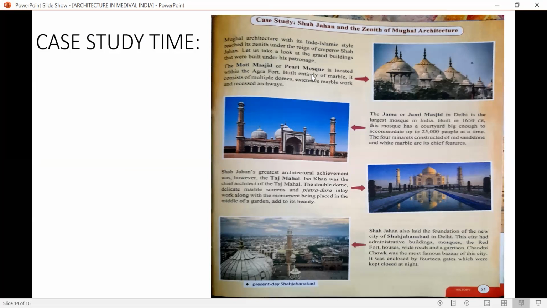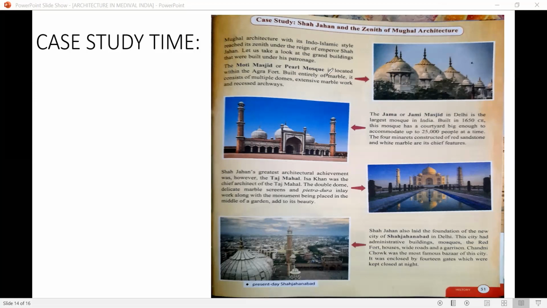Let's discuss them. The Moti Masjid, or the Pearl Mosque, is located within the Agra Fort. It was built entirely of white marble, as we can see here.